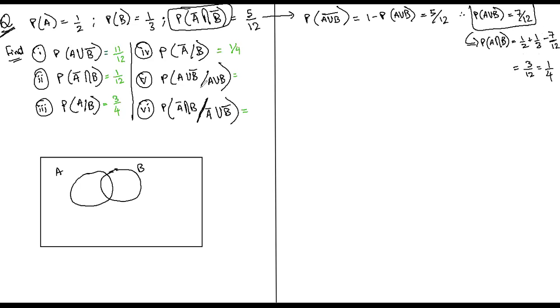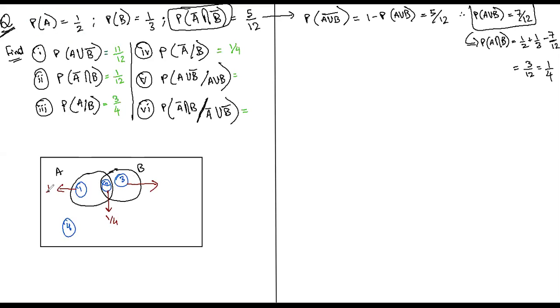So from this, everything can be found. Now start writing the probabilities. The intersection part probabilities, or we can name them region 1, region 2, region 3, region 4. And we know the probability of every region. What is the probability of 2? The probability of 2 is 1 by 4. Then for 1, see, 1's total probability is half, out of which this is 1 by 4.